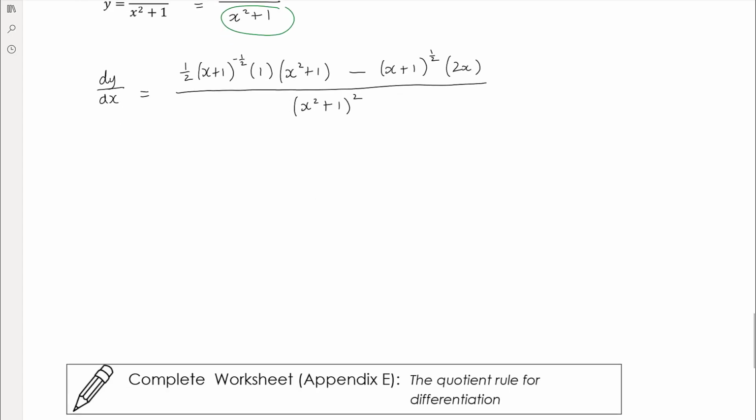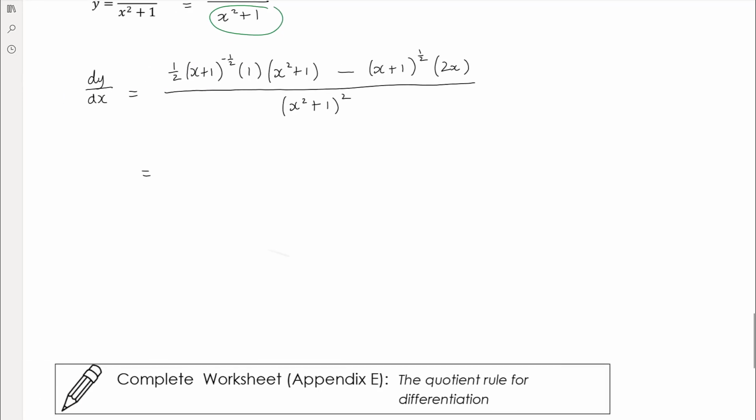Okay, so if we tidy that up a little bit, the issue we have here is we do need to do some simplification because we've got a fraction in a fraction and we can't just leave an answer like that. This is also a fraction. That's 1 on square root of x plus 1. Okay, so let's just think about what's going on here.